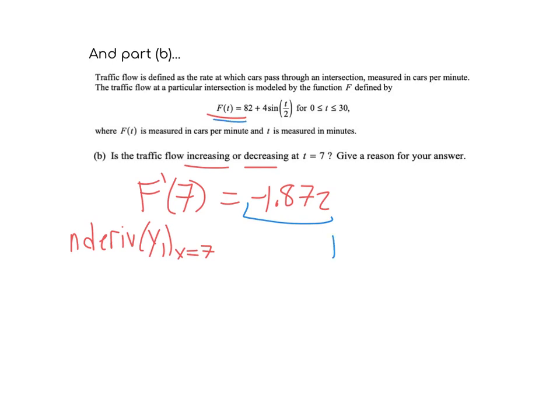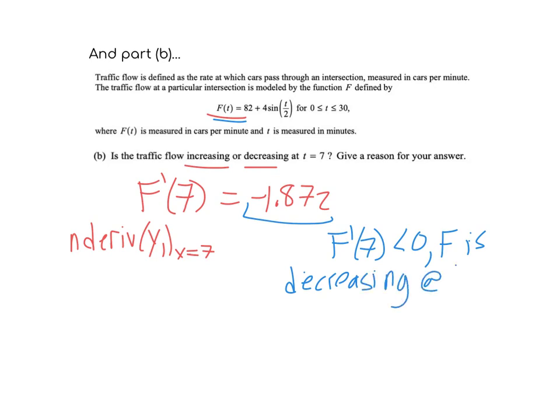So since f prime of 7 is less than 0, f is decreasing at t equals 7. A couple things I want you to be aware of. I did not use the word it at all here. I'm being very cautious and using the names of the functions that I'm given every time I see them.